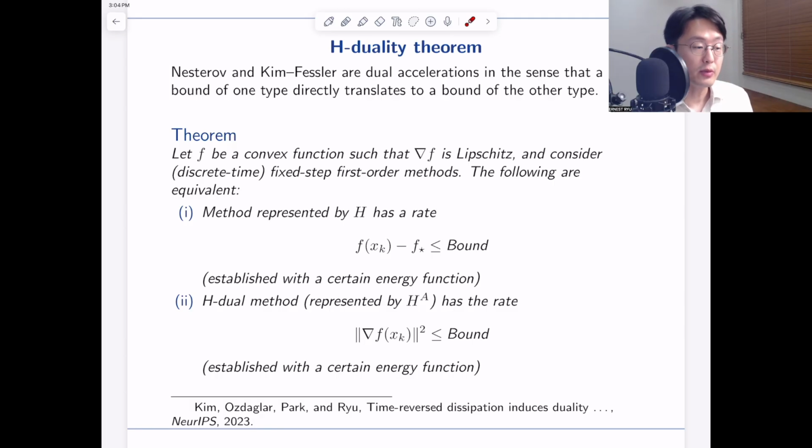Maybe to put it differently, Kim and Fessler, instead of publishing their result, could have resorted to this kind of argument where they take a Nesterov acceleration and flip it to get their convergence guarantee, their acceleration mechanism. Or alternatively, we could imagine, like some time machine thing, where Nesterov didn't invent his acceleration, but Kim-Fessler did invent theirs. Then we could take Kim-Fessler's acceleration, flip it, and we would get Nesterov's acceleration.